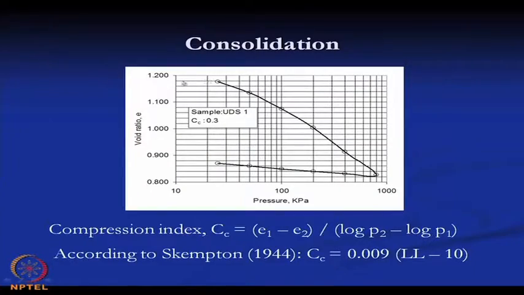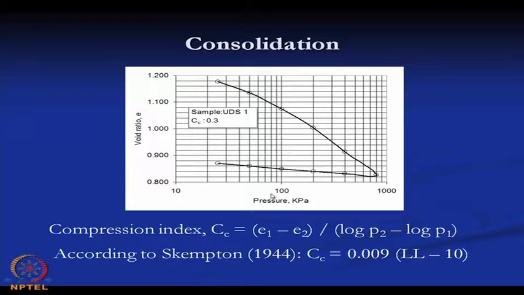In the consolidation test, we can apply pressure on a soil sample and determine the amount of void, or the void ratio. As expected, as we apply more pressure, the void ratio will decrease. Here a typical consolidation graph of void ratio versus log P is presented, where P means pressure.